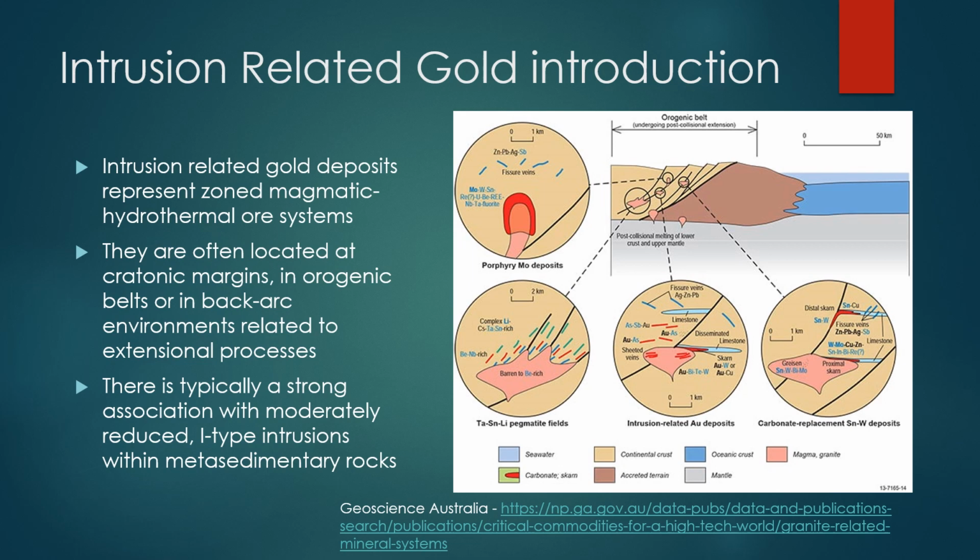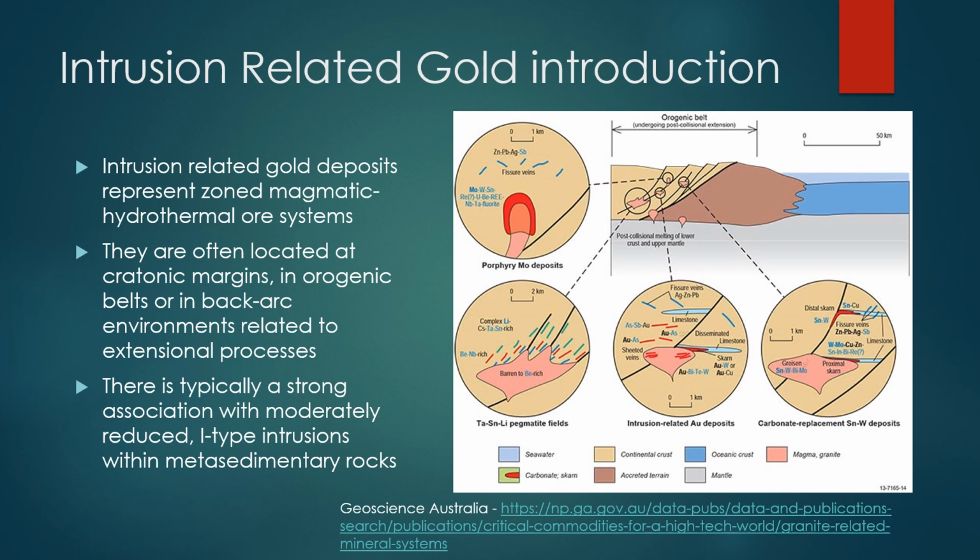As a result, we're able to open up crustal scale faults and fractures, and that is the accommodation space or the pathway in which many of these intrusions and hydrothermal fluids can pass up.